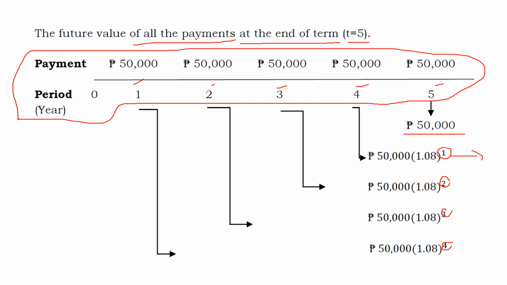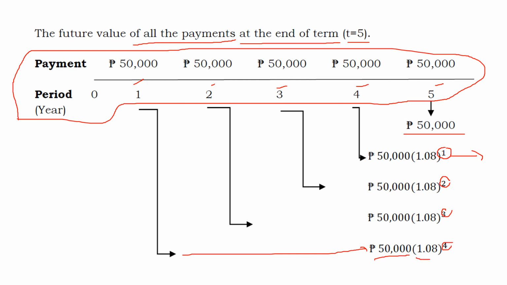Now, in this case, how we solve for the future value after 1 year. Your 50,000 now will be multiplied by 1.08, because it is 1 plus 0.08, so that will be equal to 1.08, because we now apply the interest rate, which is 8% compounded annually.